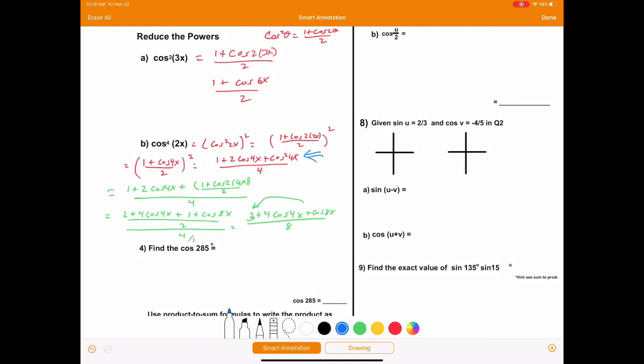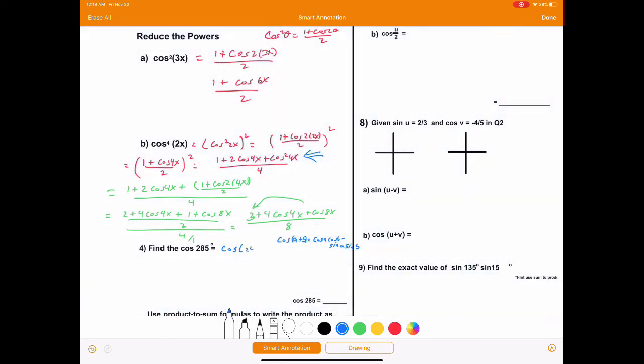For our next problem, we have our identity, cosine of a plus b. So how do we get 285? It's not a special right triangle for us. So we're going to combine two angles that we do know. And the identity is in your notes, and I'm writing it on the board right now. Which is, remember, cosine is cosine, cosine, sine, sine. So we're plugging in our a and b value.